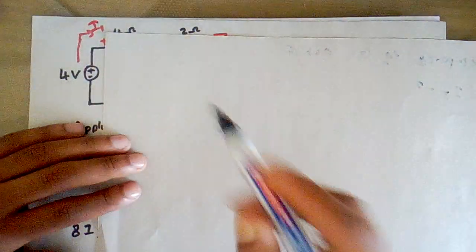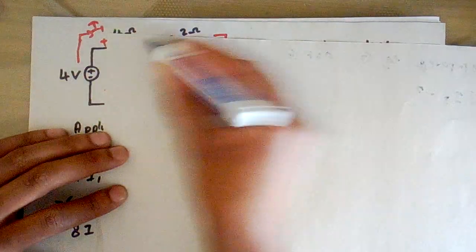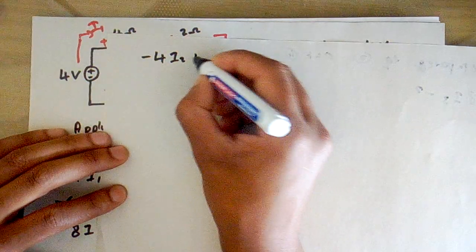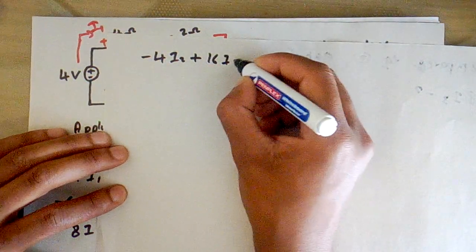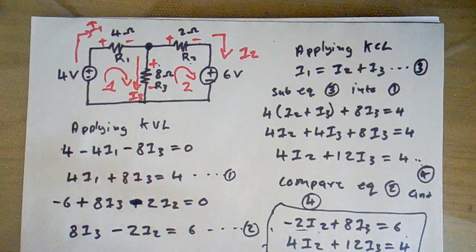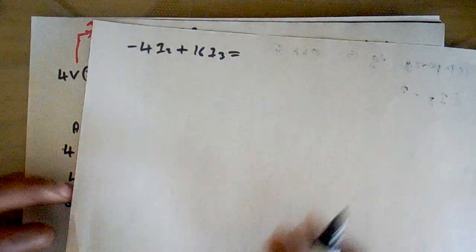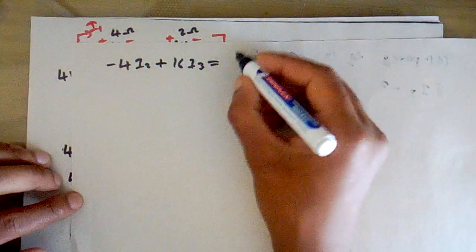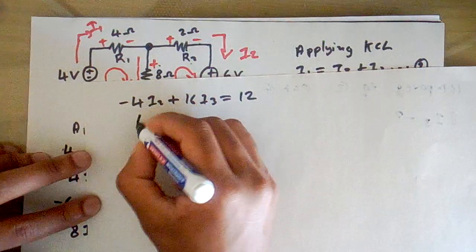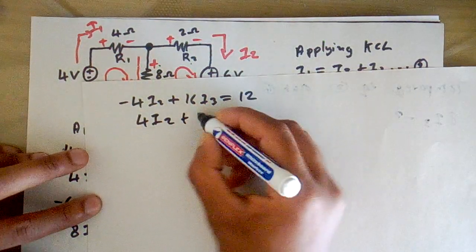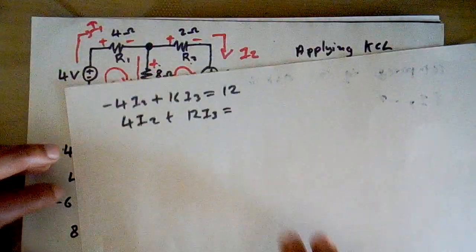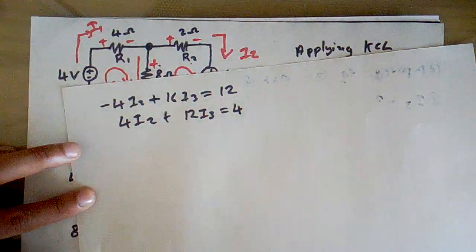Therefore this is going to be minus 4 I2 plus 16 I3 equals 12, since 2 multiplied by 6 is 12. Our equation 4 is still the same one, which is 4 I2 plus 12 I3 equals 4.